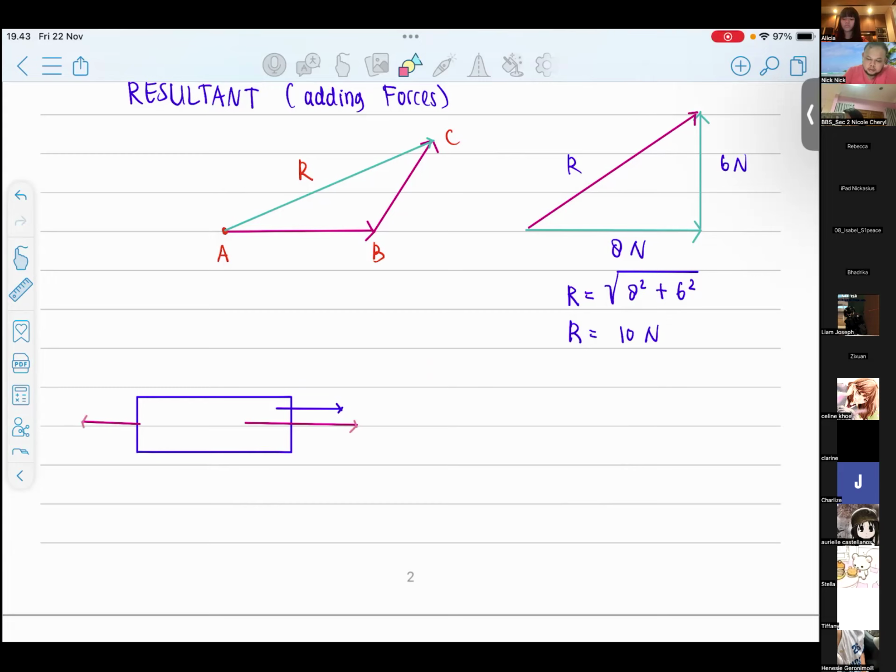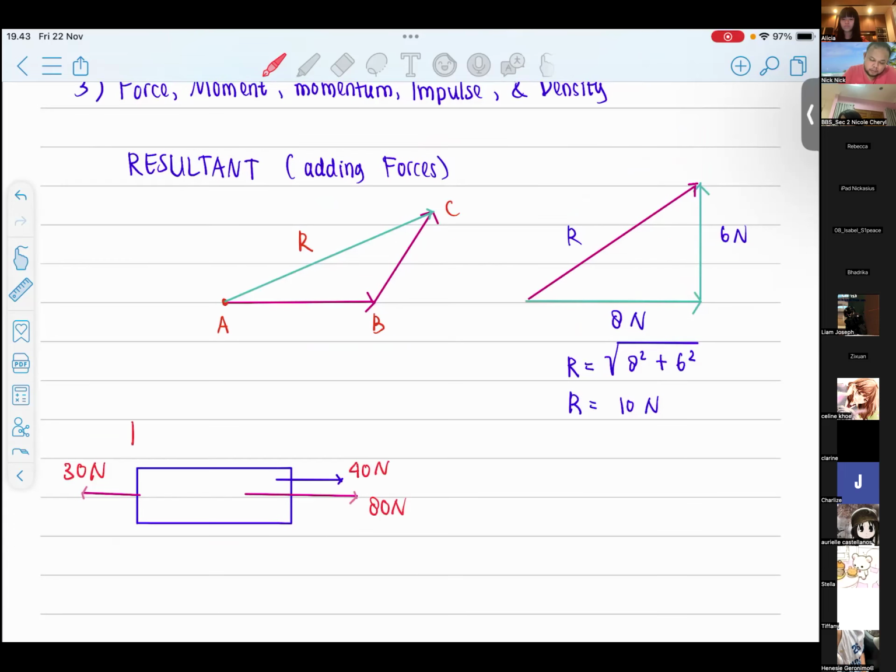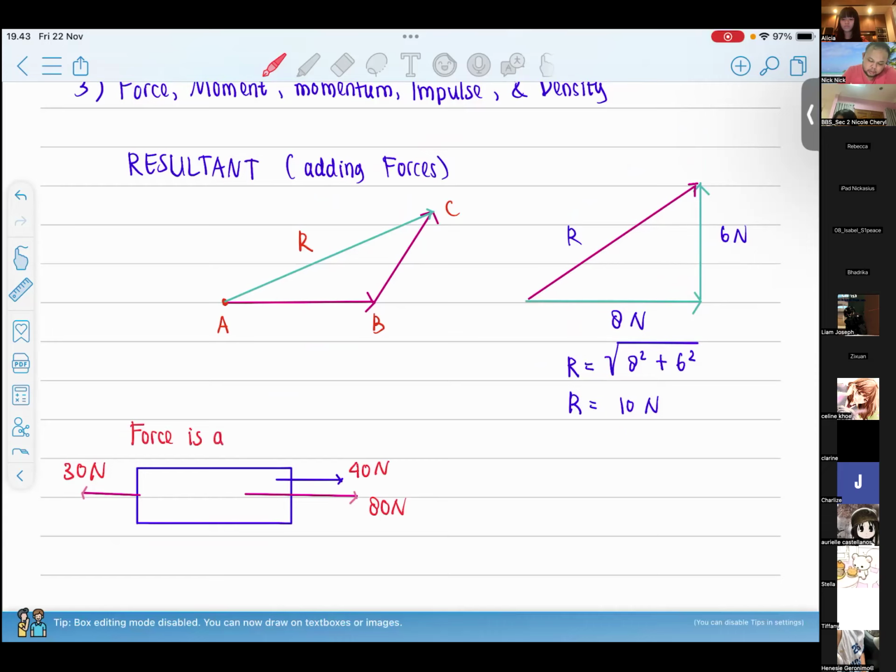For example, this is 40 newtons, then 80 newtons, and then 30 newtons, right? Because force is a vector. Force is a vector, correct, students? Remember this.